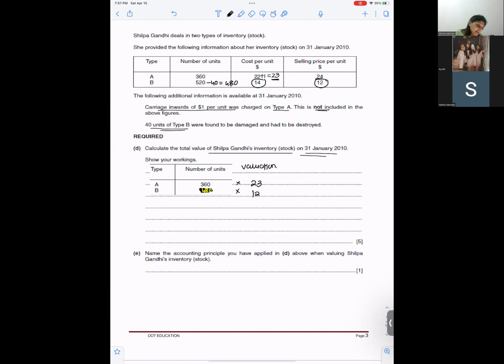Then you will multiply and you will get the inventory valuation. 360 into 23 makes 8280, and 480 into 12 is 5760. So your inventory valuation will become 1440.